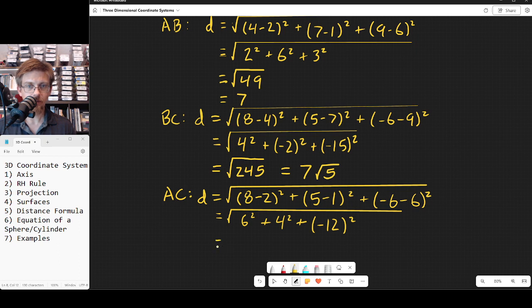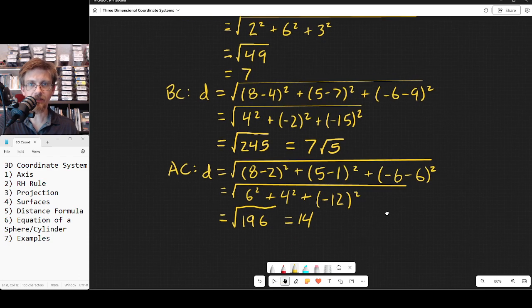And that is equal to the square root of 36 plus 16, which is 52, plus 144, so that's 196, which is 14. Okay. So there we've got the sides of our triangle.